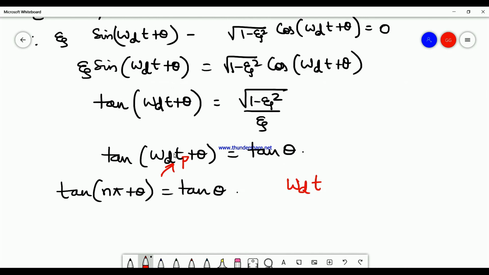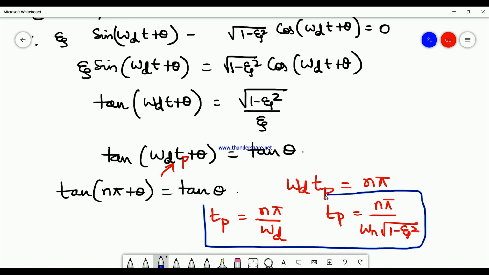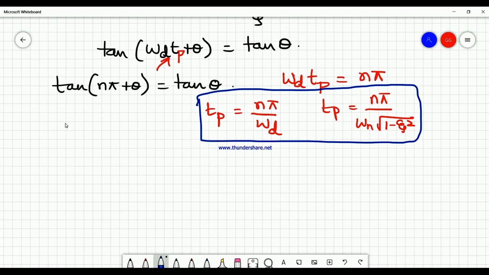Therefore this time t would be Tp, which is equal to n pi. Therefore Tp equals n pi by omega d, or Tp is also equal to n pi by omega n square root of 1 minus zeta square, because we know omega d is defined as omega n square root of 1 minus zeta square. So this is the derivation of Tp. I hope you got it.